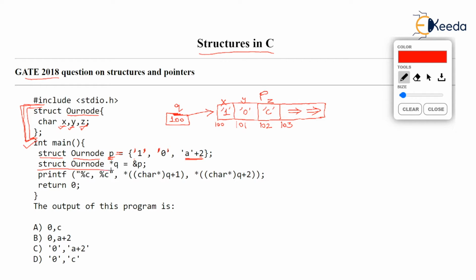You read this as Q is a pointer to our node type. That means Q can store the address of any variable of our node type, and it is really storing the address of P. And we have assumed that address of P is 100. So Q is a pointer which will literally store 100 and it will point to P. Okay, so Q is storing the address of the structure variable P due to this line.